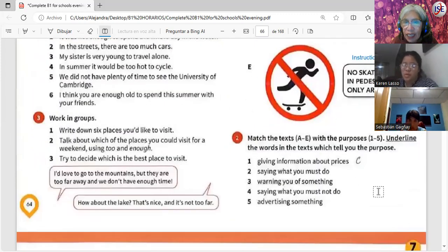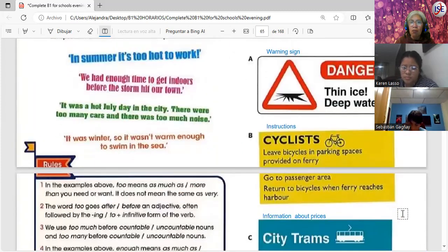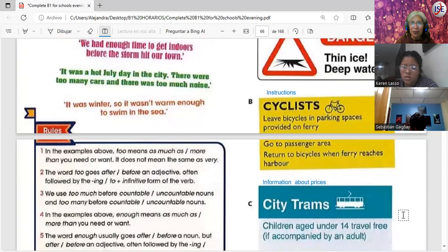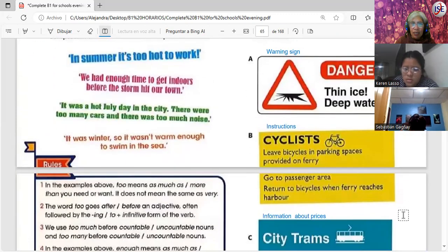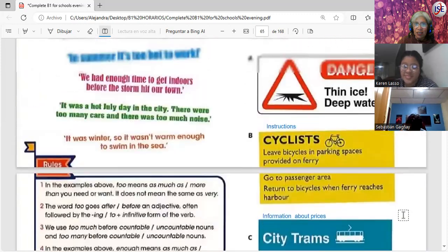Second one, saying what you must do. Which of them says what you must do? Check A and B. What you must do. Check C, D, and E. What you must. Not what you must not. What you must do. Letter B. Say, Keren, Sebastian, do you agree?